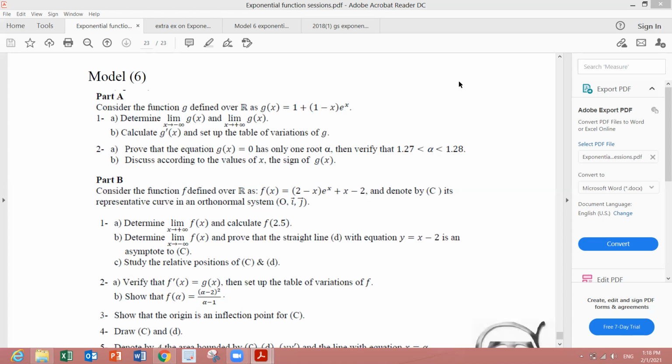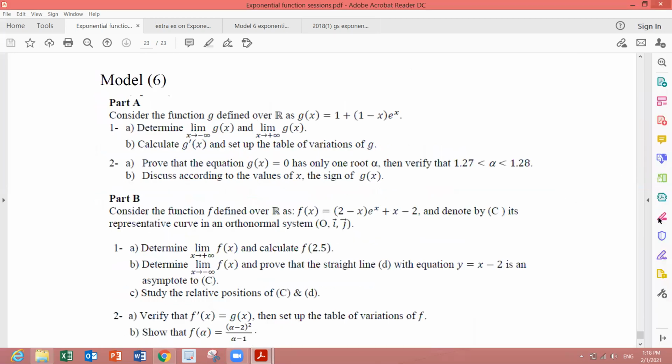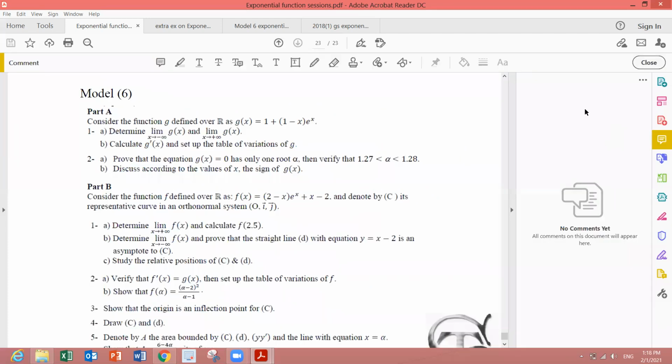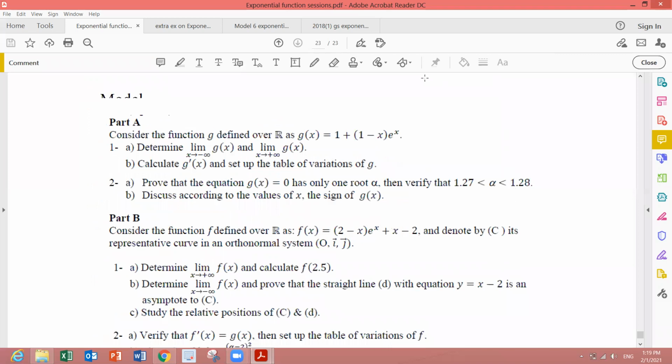Okay, let's start. Okay, model 6. Part A. Consider the function g defined on R by g(x) equals 1 plus (1 minus x) e to the power x.